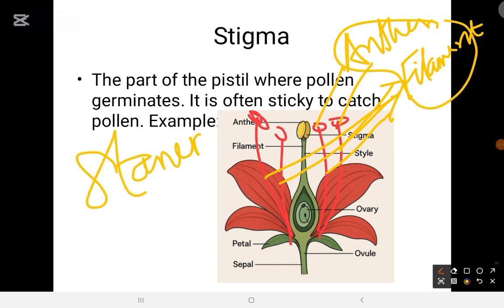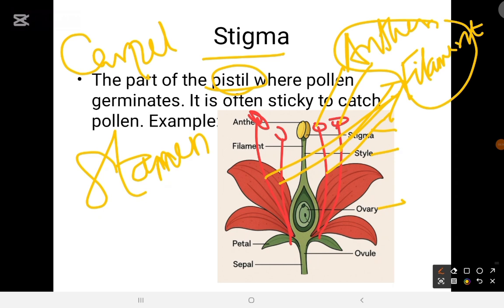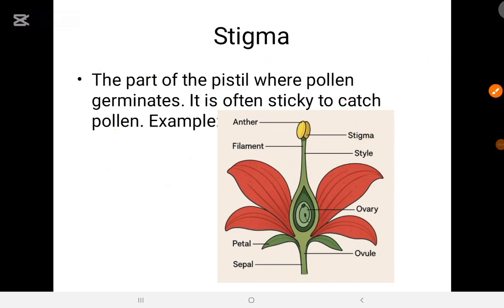While the stigma, the style, and the ovary, the three of them, form the pistil or the carpel. We also have other names for them, which are the androecium and gynoecium, but you're going to see that in other slides.